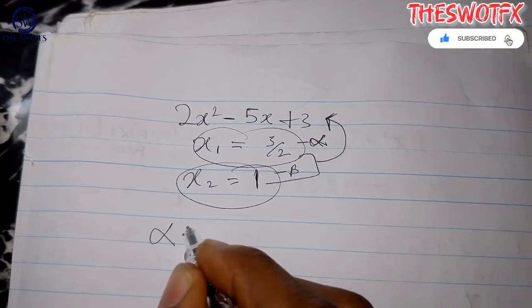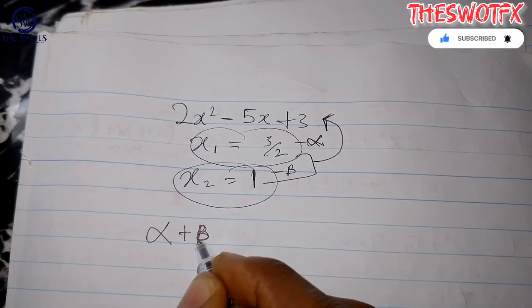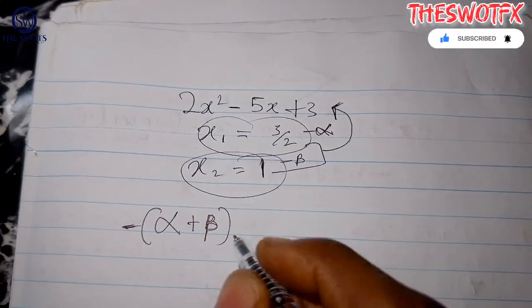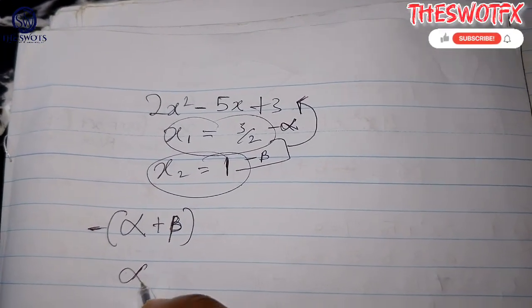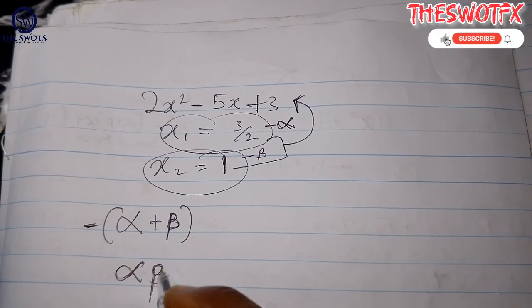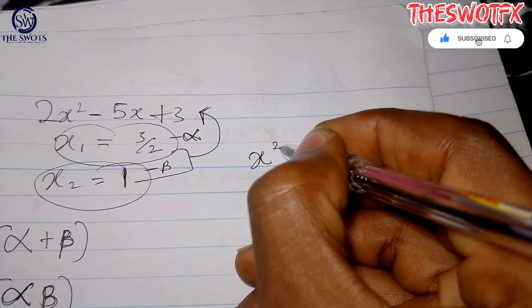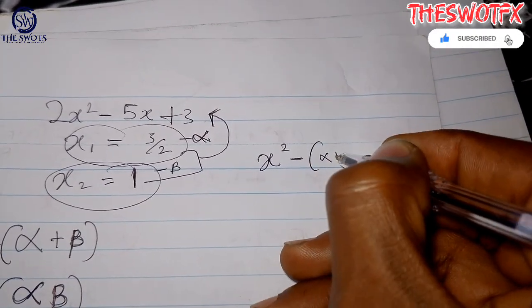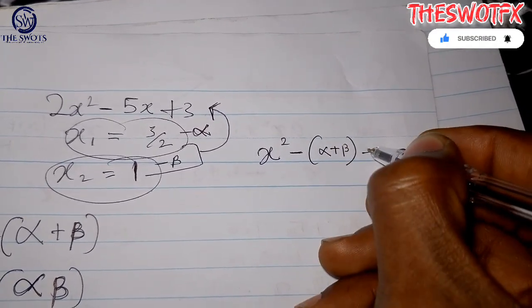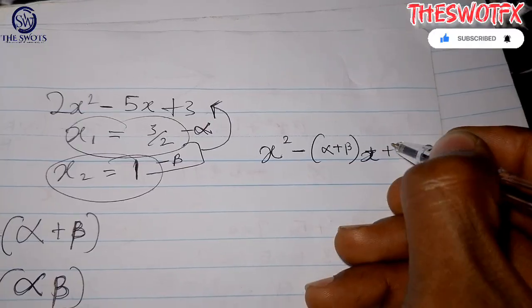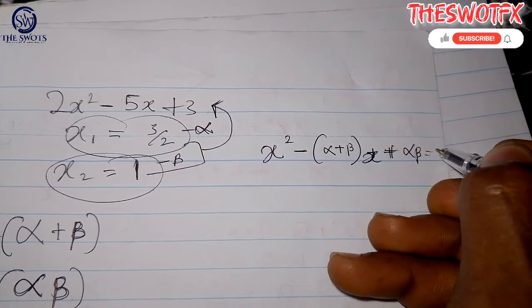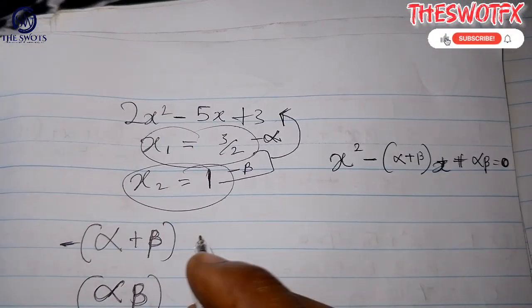We need the sum of roots and product of roots. So don't forget, this is the formula: x² minus (alpha plus beta)x plus alpha beta equals 0.